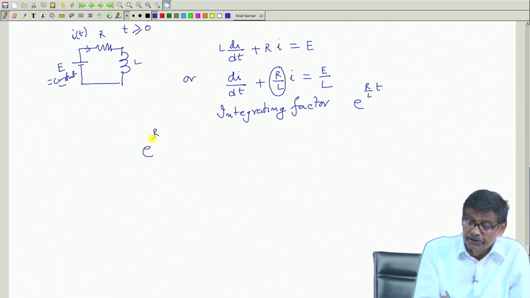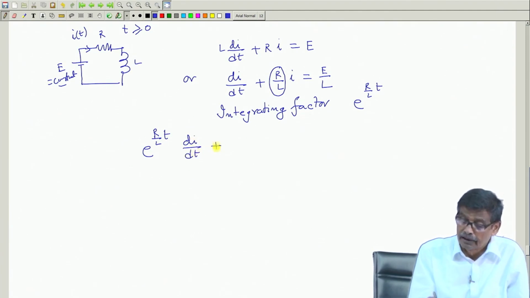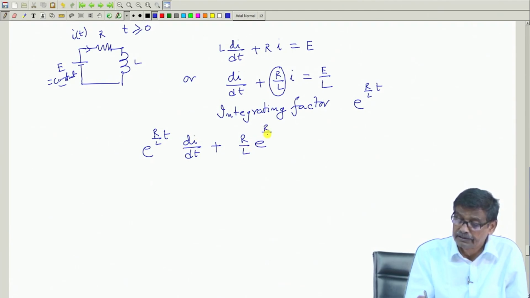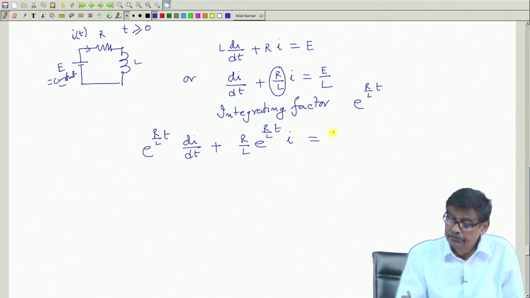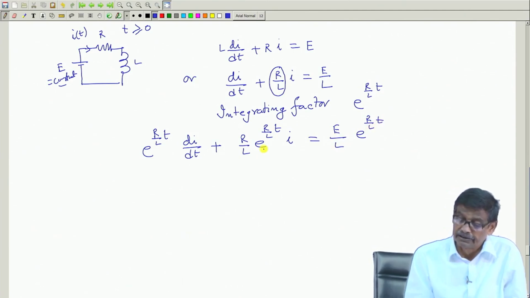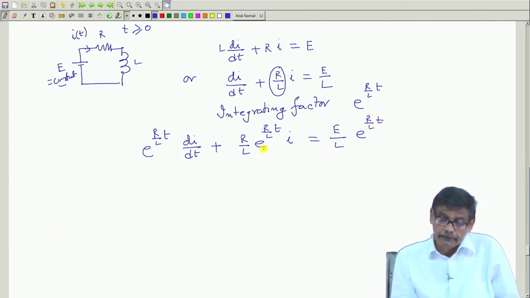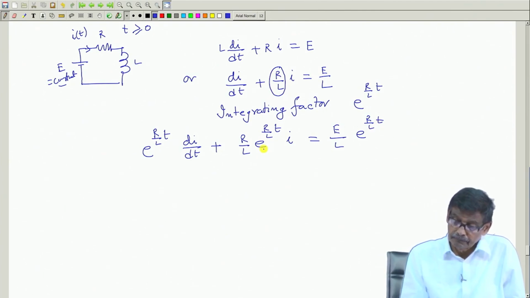So, it will be e to the power (R/L)t di/dt plus R/L was already there, e to the power (R/L)t I, and this will be equal to E/L into e to the power (R/L)t.